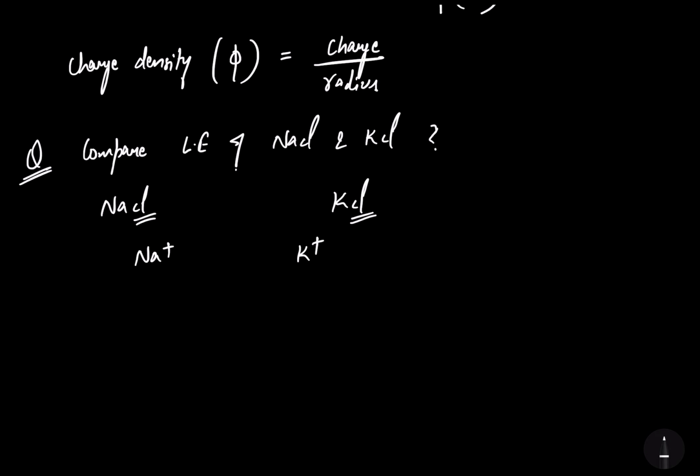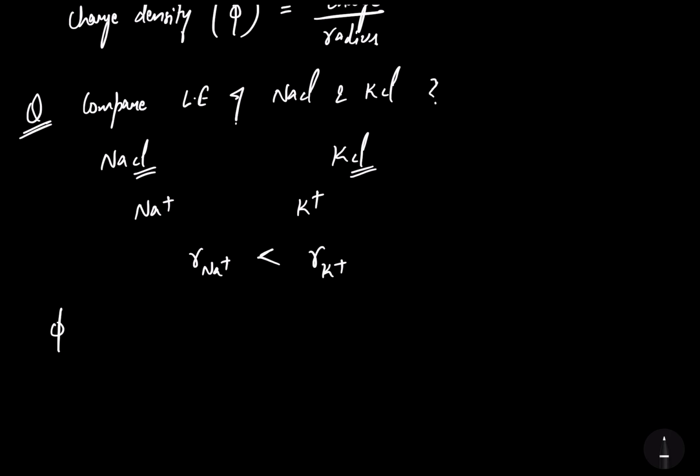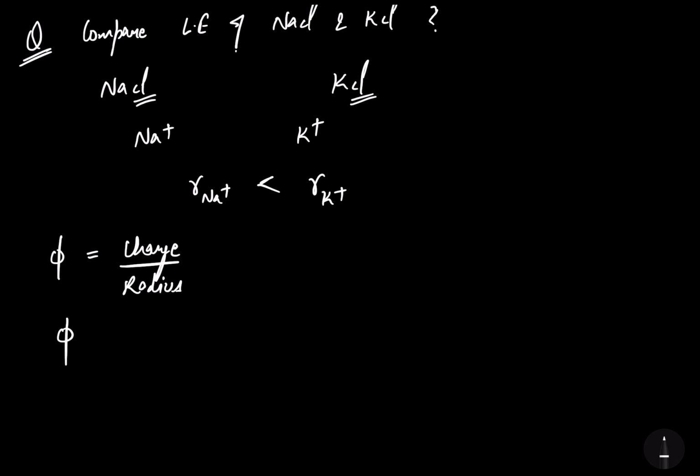As we all know, sodium and potassium belong to group number 1 and potassium is below sodium. So the radius of potassium ion will be greater than the radius of sodium ion. Now, charge density is charge divided by radius. That means charge density is inversely proportional to the radius of the ion, which means the charge density of Na positive will be greater than that of K positive.